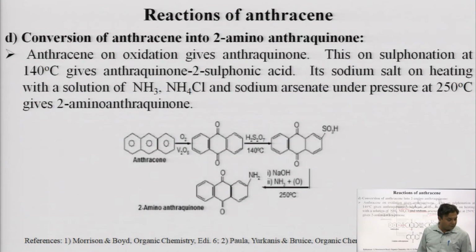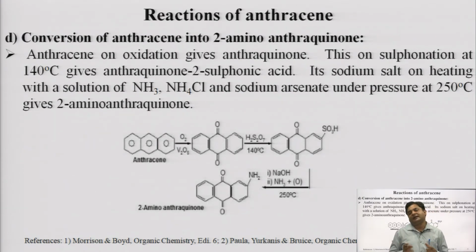Now the next important reaction of anthracene is the conversion of anthracene into 2-amino-anthraquinone. Anthracene on oxidation gives anthraquinone, which you know is a very important compound. So how is it happening, as you can see there.